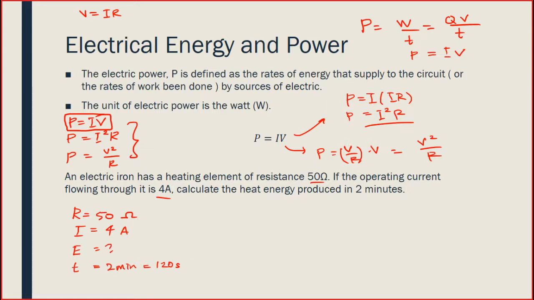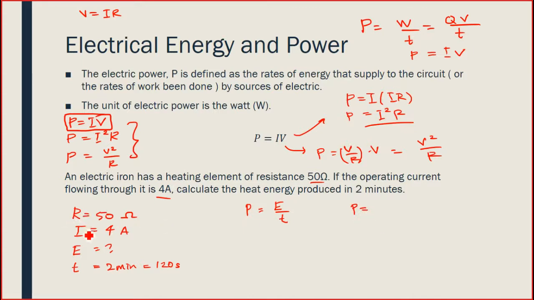So how can we answer this? We want to find the E, but we can find E if we know the power. We have P is equal to energy over time. We have the time is 120, but we don't have the power. So first thing that we need to find is the power.